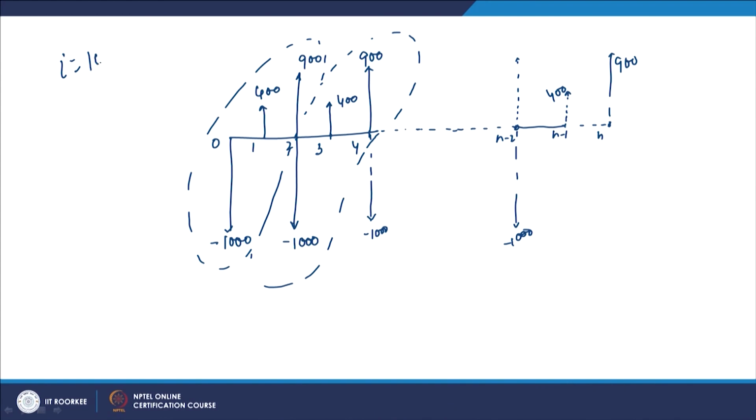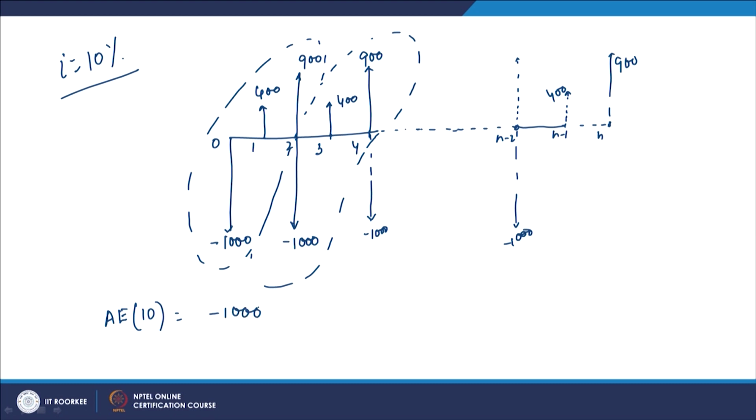Now, if we have to solve such a case, suppose the rate of interest I is defined as 10%. In that case, we will calculate this annual equivalent at 10%. For this, you have minus 1000 as the disbursement, so you will take it as minus 1000.